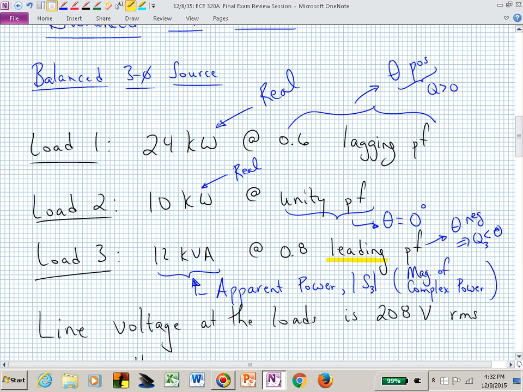So the current in a pure inductive load is 90 degrees behind the voltage. In a capacitor, you have the 1 over j omega C, and now you have a minus 90 associated with that impedance. And that's your negative angle for a capacitive load.